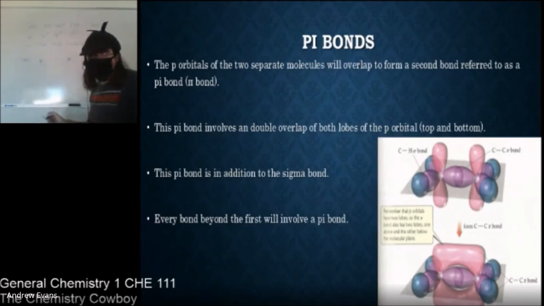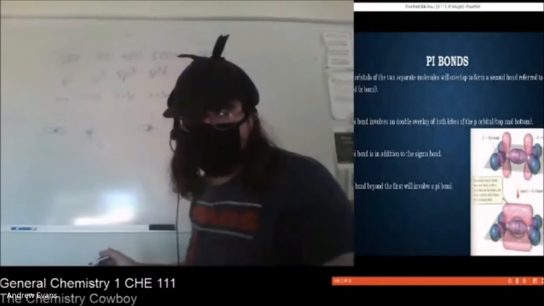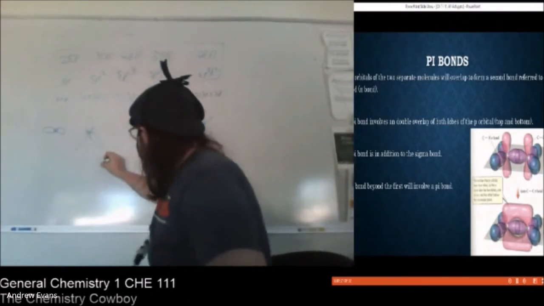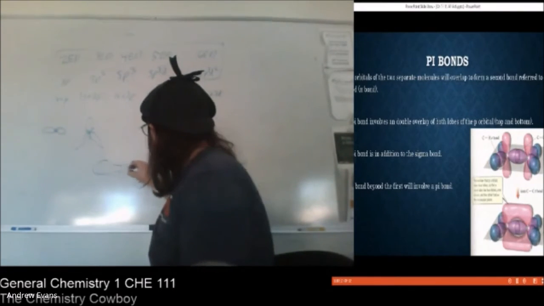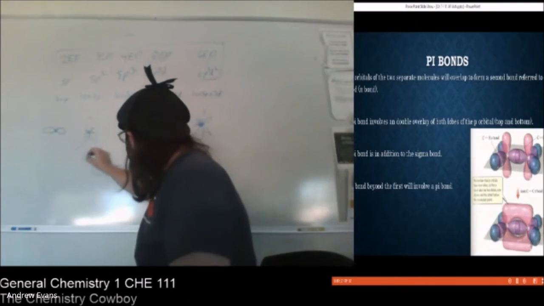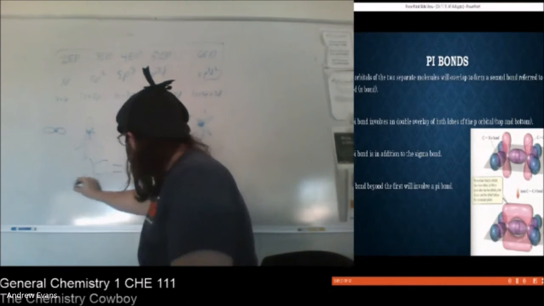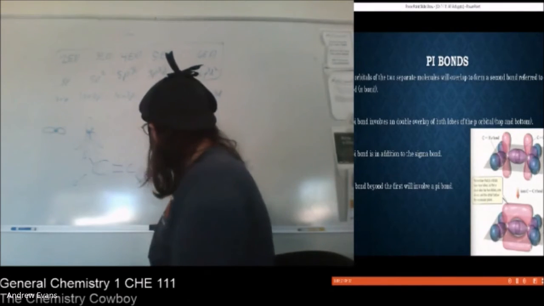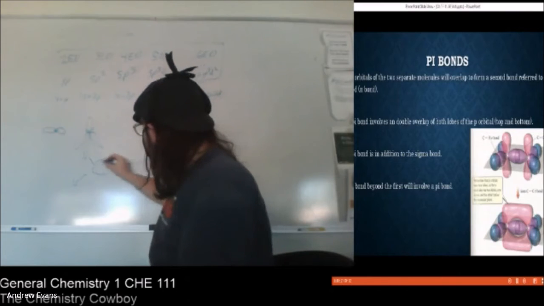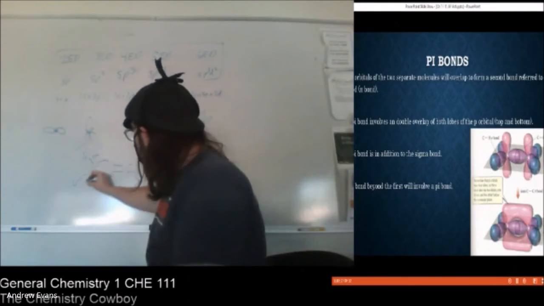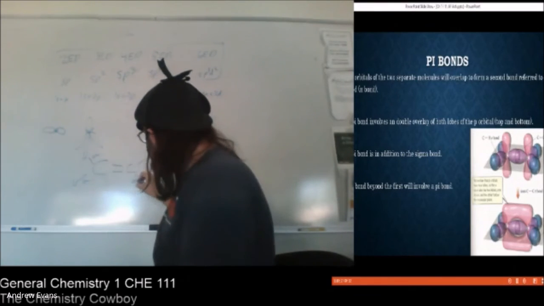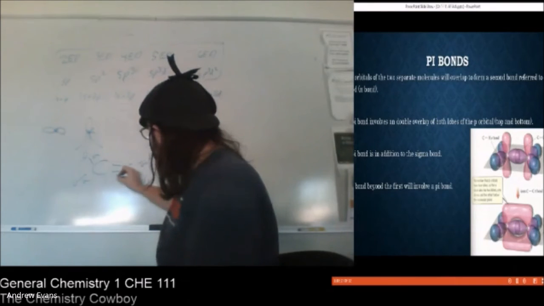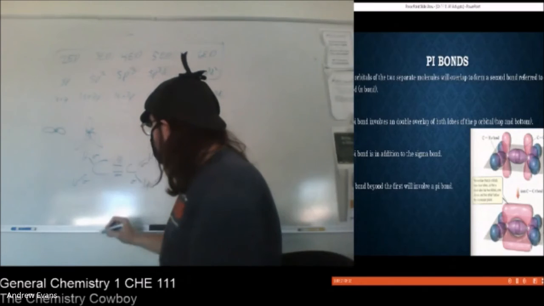The structure they are trying to draw and picture here is C2H4. Basically what we have is a sigma bond, sigma bond, sigma bond, sigma bond. We have a sigma bond here, but we also have a pi bond.